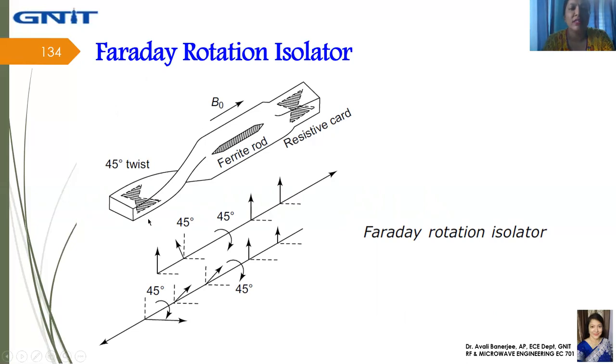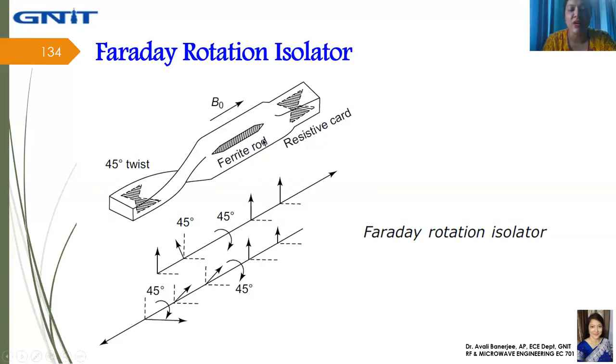The ferrite rod is subjected to a steady axial magnetic field H0 of strength much smaller than the resonant intensity, so that dissipative loss in ferrite is neglected. Now here the dominant mode TE11 in the circular section can be decomposed into two oppositely rotating circularly polarized waves of equal magnitude.